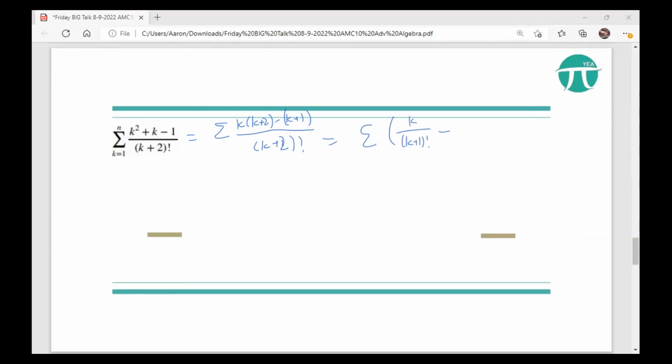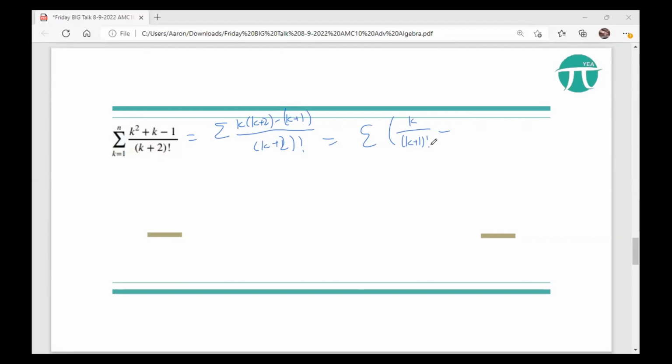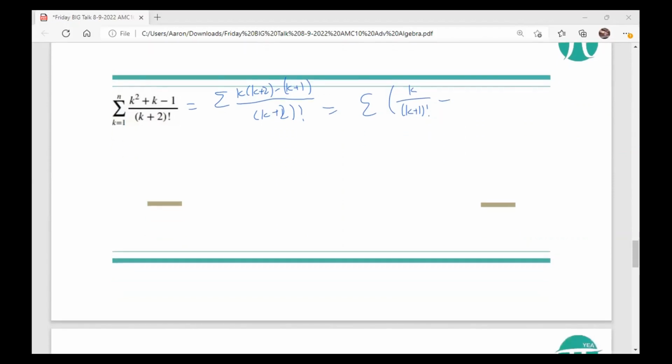Okay, sorry. I might have done it a bit too late. But anyways, leaving that aside, this is k over k plus 1 factorial, and then it's minus k plus 1 over k plus 2 factorial.